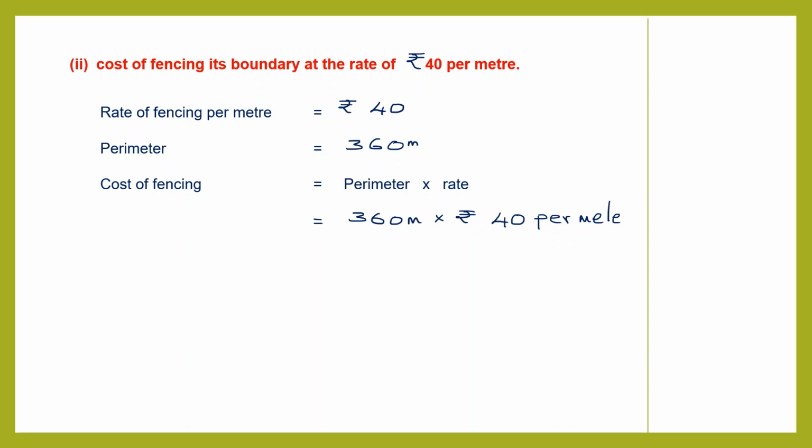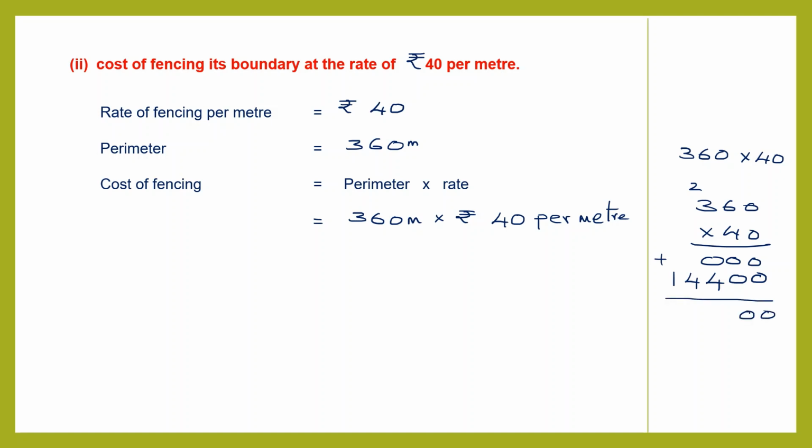Now we need to multiply 360 into 40. So let's multiply 360 into 40 now. So we have 0. Second step, 4 zeros are 0, 4 sixes are 24, carry 2, 4 threes are 12, 13, 14. Let's add this up. 0, 4, 4 and 1.